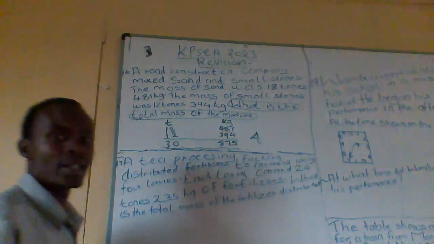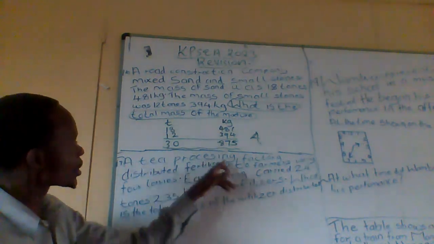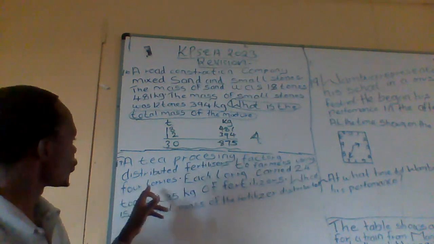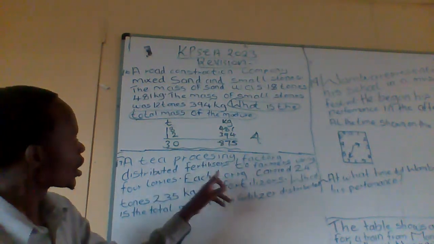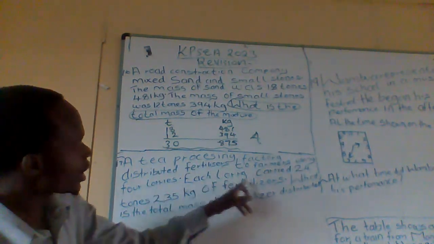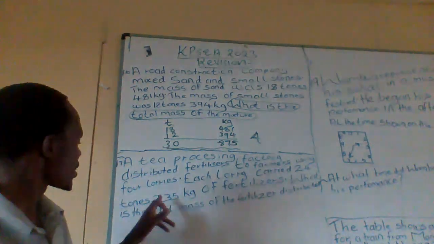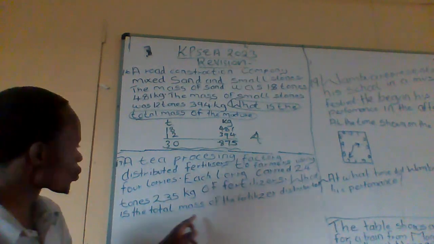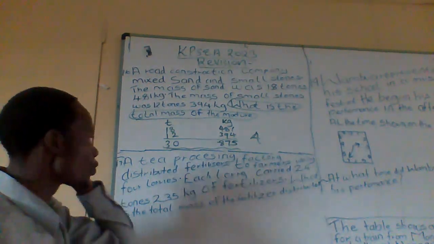And then question 17 says, a tea processing factory distributed fertilizers to farmers using 4 lorries. Each lorry carried 24 tons, 205 kilograms of the fertilizer. What is the total mass of the fertilizer distributed?